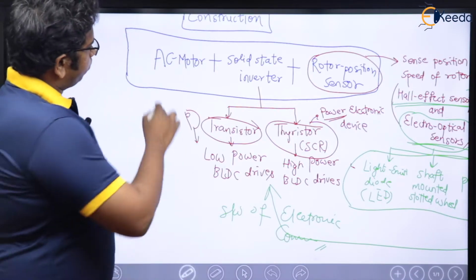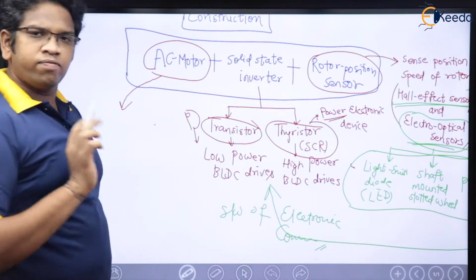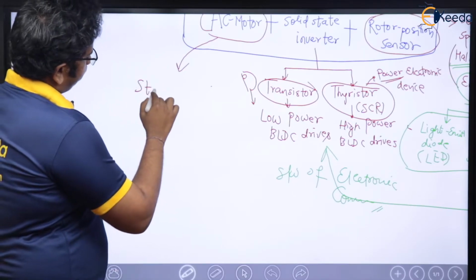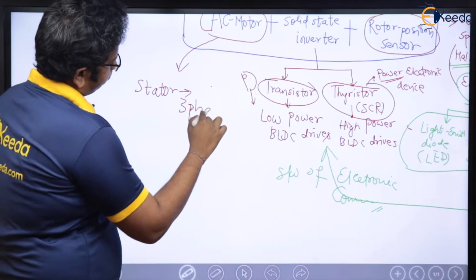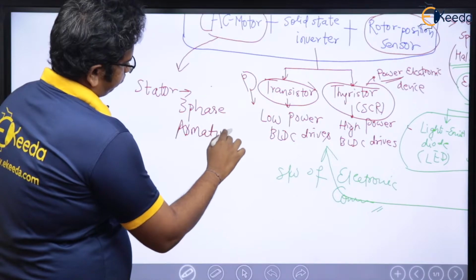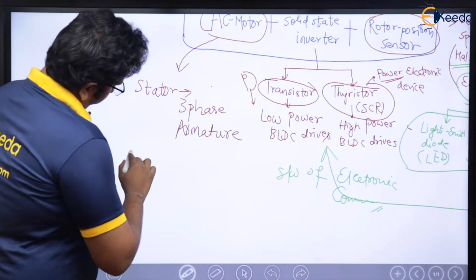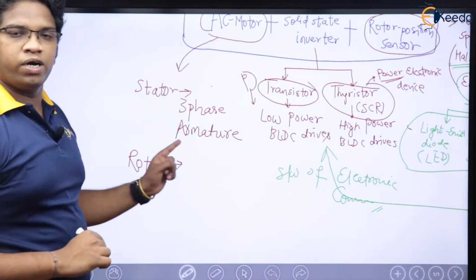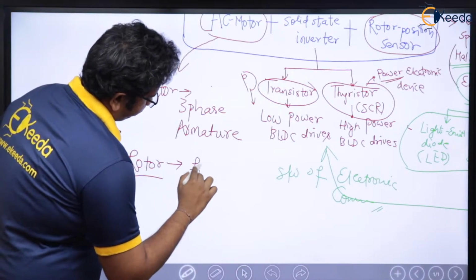Anyways, let us speak of this AC motor. We have already talked about it: the stator has what? A 3-phase armature, definitely. And on the rotor, what do we have? There we are going to have the field.